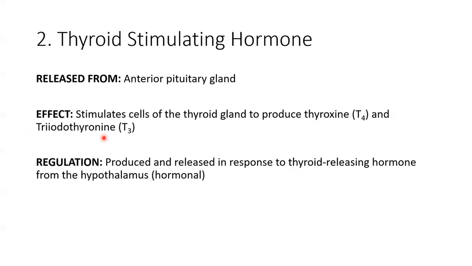Thyroid releasing hormone from the hypothalamus controls the release of thyroid stimulating hormone. Release of thyroid releasing hormone in turn depends on blood levels of T3 and T4. In the case of thyroid stimulating hormone, there is no thyroid inhibiting hormone. And again, this is a hormonal regulation of hormone release.